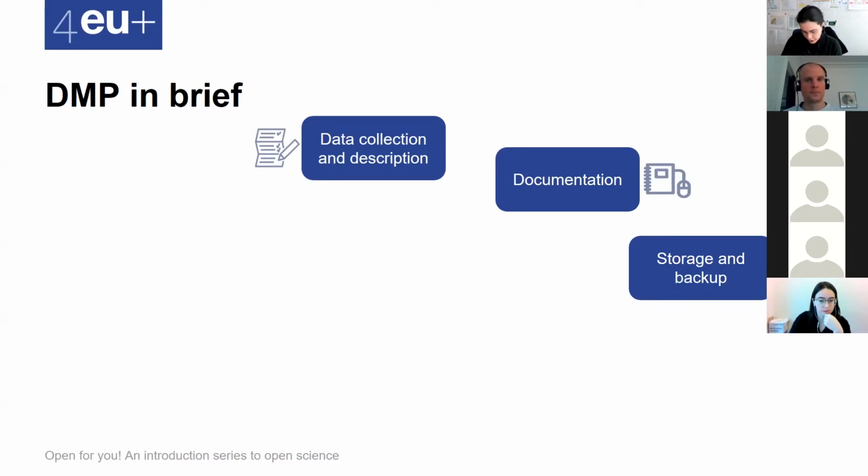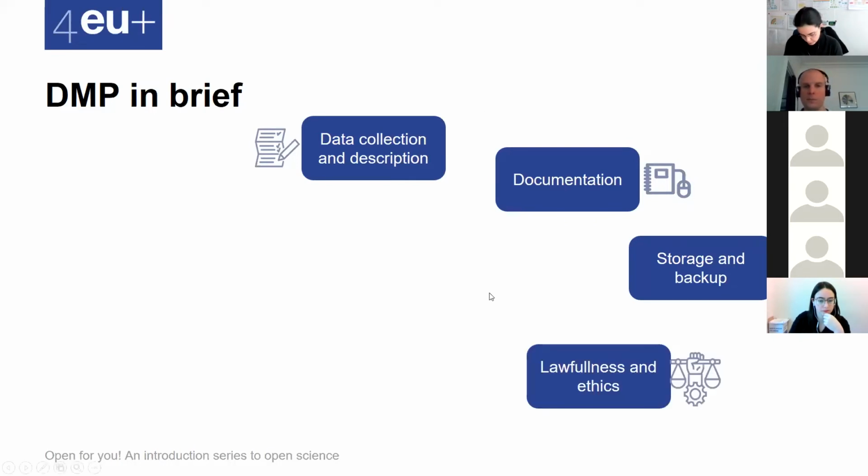For the part storage and backup, it's not very complicated to complete. However, it's very important because it forces you to anticipate the risks of data loss, as Falco explained in the first part. In this part about storage and backup, you have to ask how, where, and by whom the data will be stored, backed up, and secured.